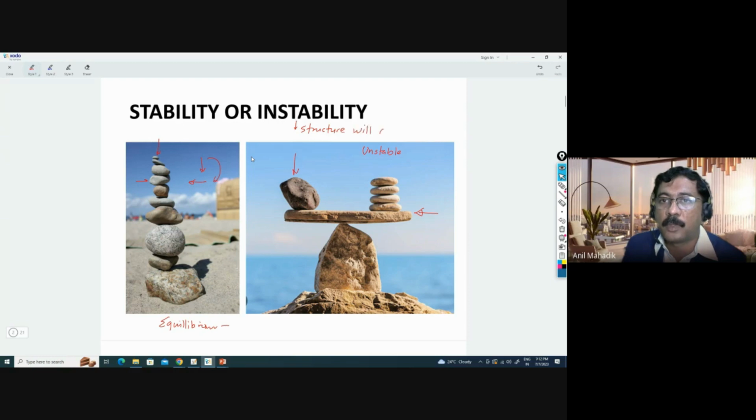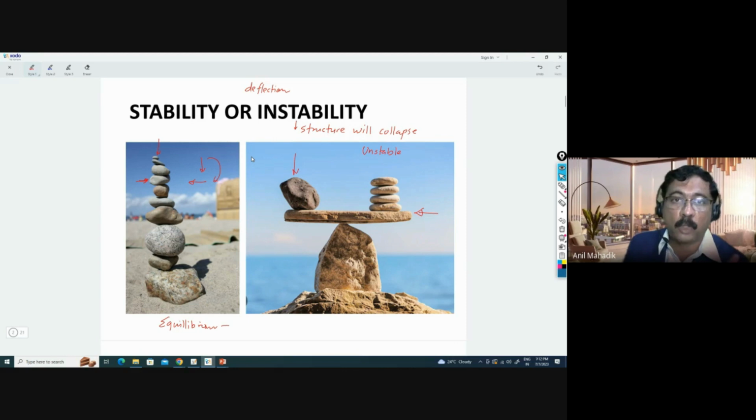Even though you put a little load, it will collapse. If you put additional load here, it will collapse. We are not saying that it will deflect. Deflection is something different. The word deflection is used within limits. A structure may deflect, but it should not collapse. If it collapses, then it is an unstable structure.